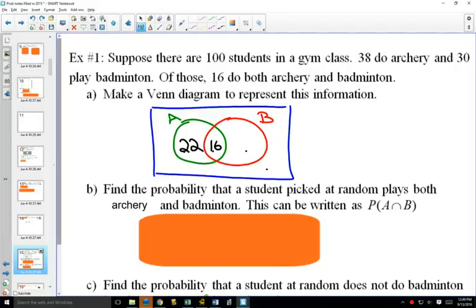And if 30 play badminton, how many are left for this part? 14. If we add this all up, we're at 52. And so there's going to be 48 left.